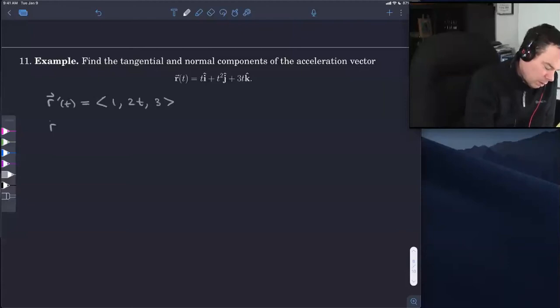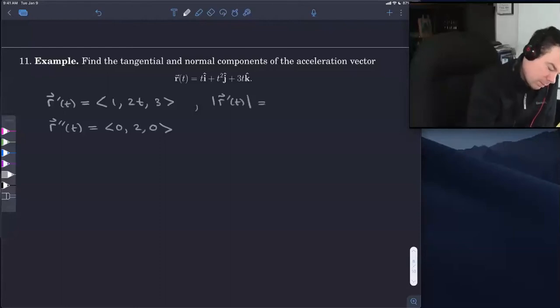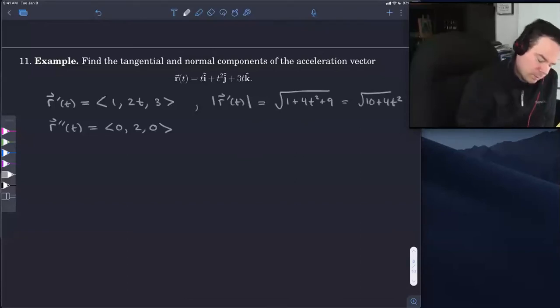We're also going to need to know r double prime. That's 0, 2, 0. At some point, we're also going to need to know the magnitude of r prime, and that's going to be the square root of 1 plus 4t squared plus 9, or in other words, root 10 plus 4t squared.